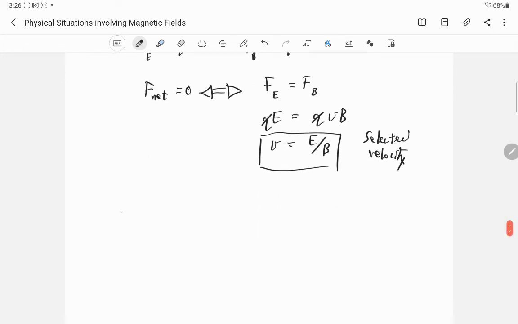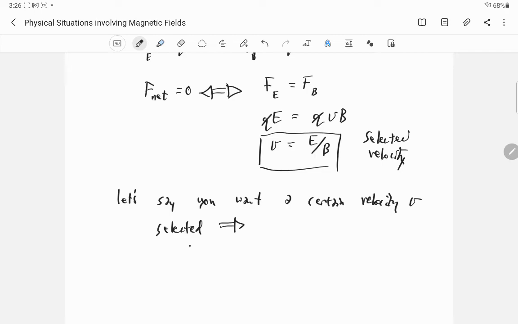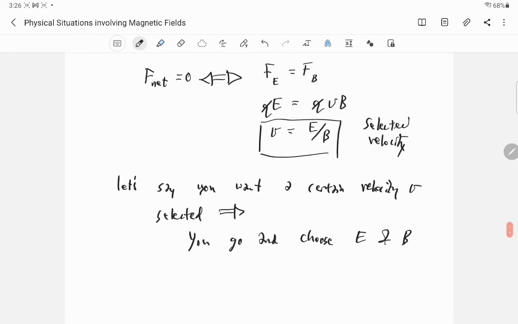We can turn this on its head and say, let's say you want a certain velocity selected. Then what this dictates is you go and choose E and B to give you your selected velocity. So this is how you create a velocity selector.